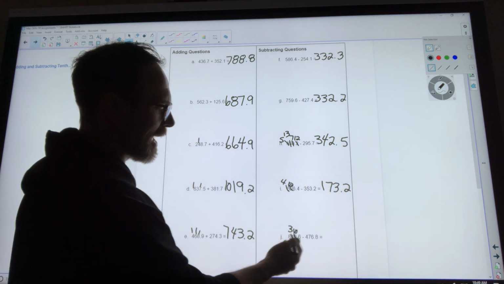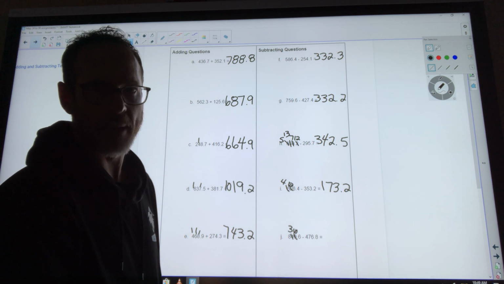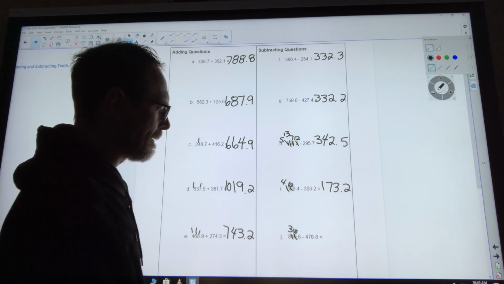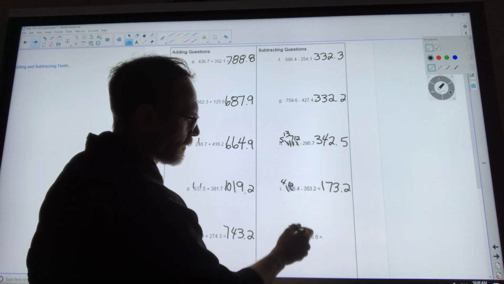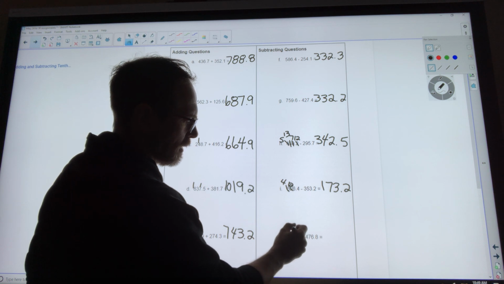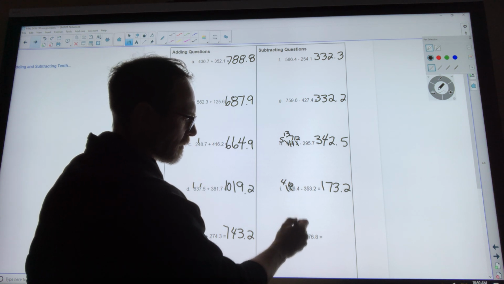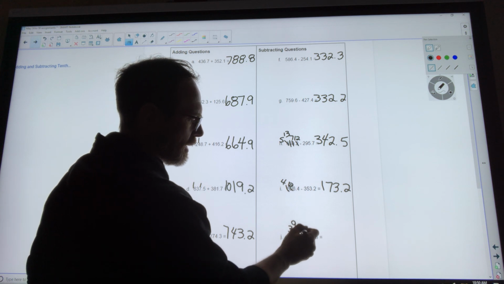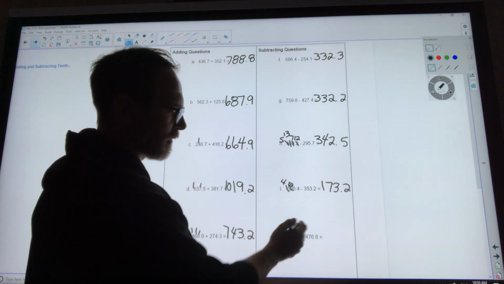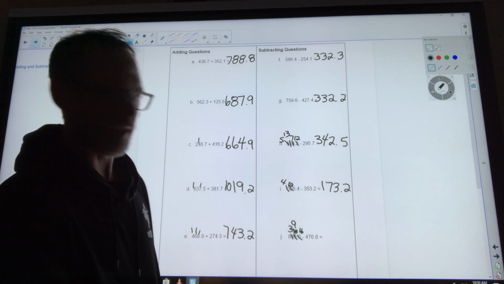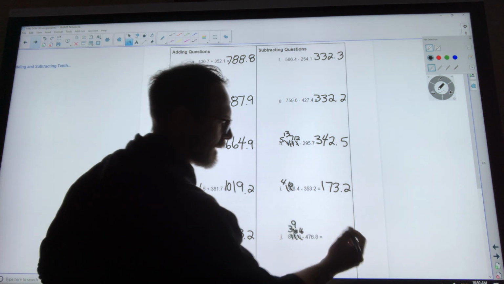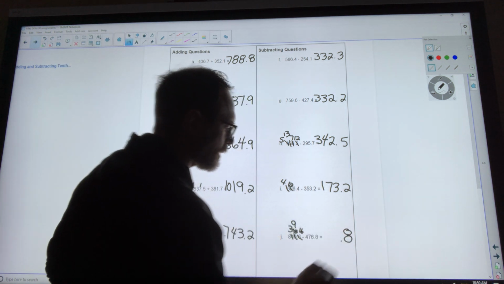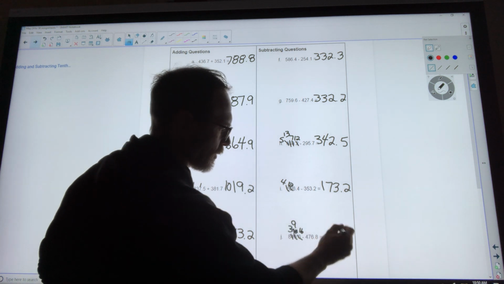We're going to take 10 from the tens place and put it over here to the ones place. Now we have 30 and 10 instead of 40, which is still the same amount. 30 and 10 makes 40. Now I'm going to take one of those ones here. So now instead of 10 ones, I'm going to have 9 ones. And I'm going to put that one over in the tenths place. Now I have 16 tenths, 1.6 really. 16 minus 8 is 8, and then 9 minus 6 is 3.